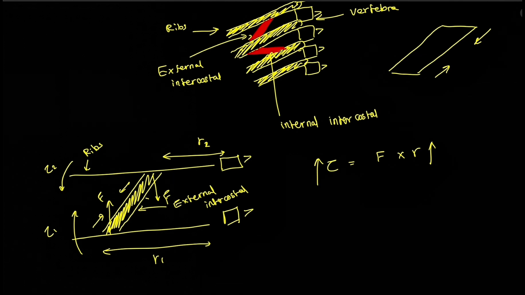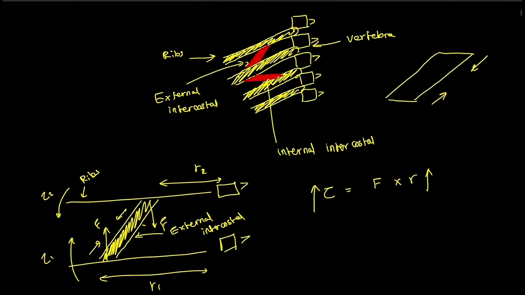Vice versa, when it comes to the internal intercostal muscles, the torque in the lower rib is less than the torque created in the upper ribs, so they move downwards.